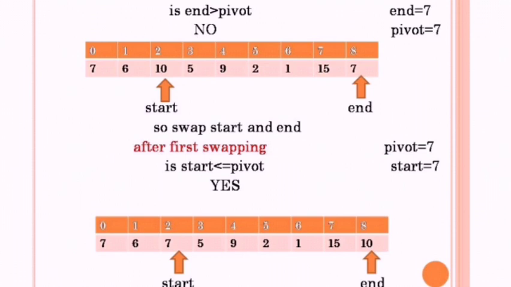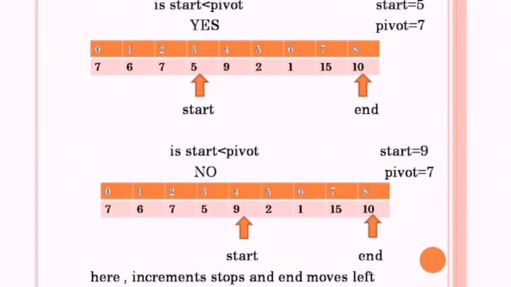Again in the down box, the start is at 7 and pivot is 7. Is start less than or equal to pivot? Yes. The condition is true. So we need to increment the start. The start next moves to index 3.